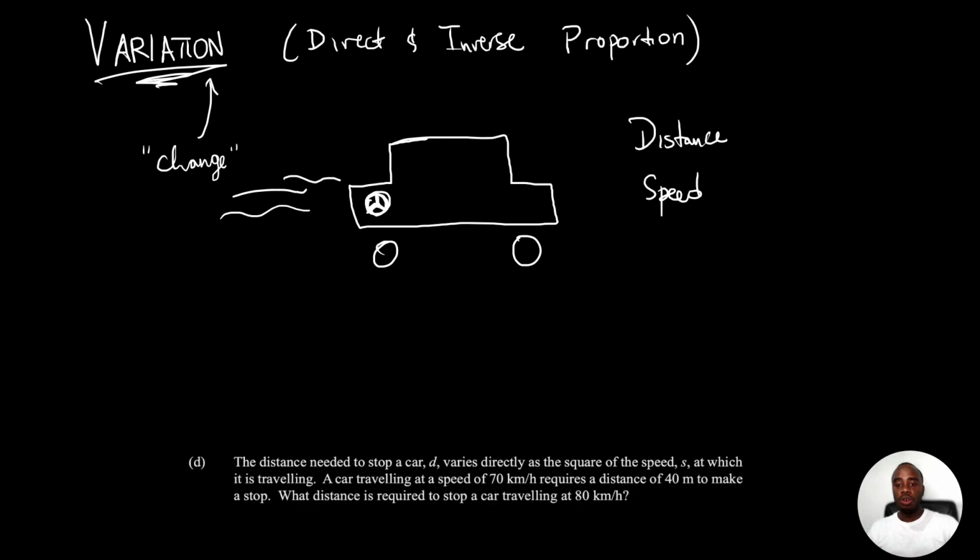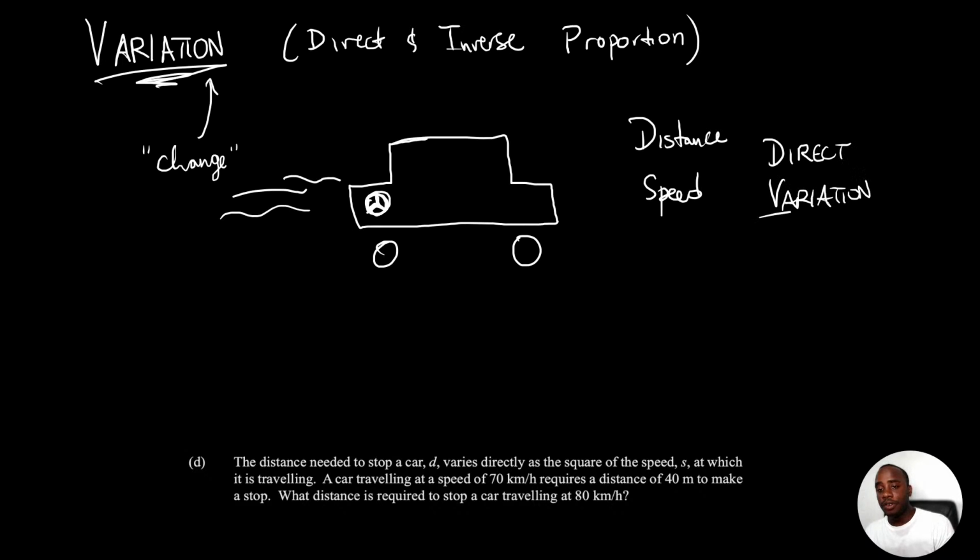Then we know that if you're driving faster, you're covering more ground. So the more you increase your speed, the more distance you cover. So when we talk about a proportion, we can say that the distance is proportional to the speed. Now that type of relationship is what we call a direct variation.